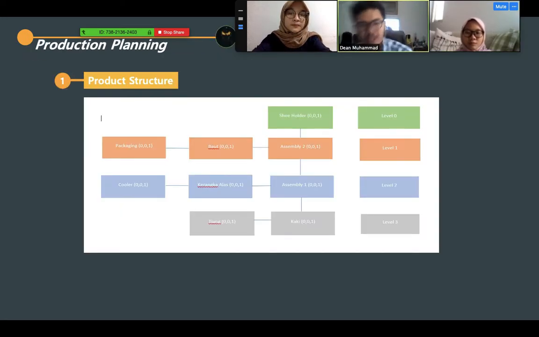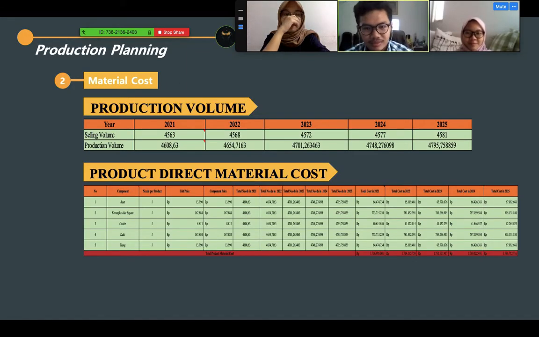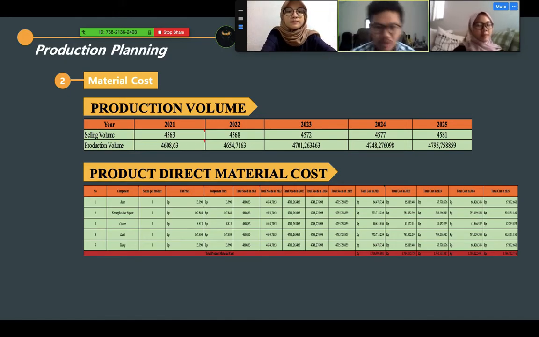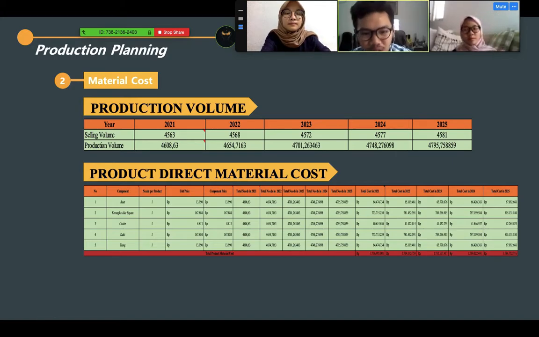Next, this is our product structure for shoe holder. As you can see, there are shoe holder, and many more. And this is our material cost. There are production volume and product direct material cost.